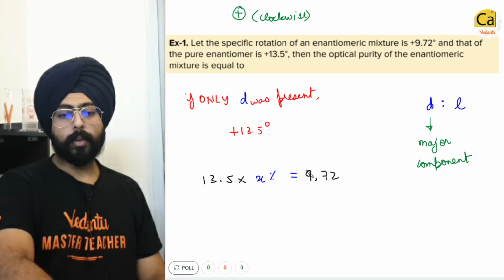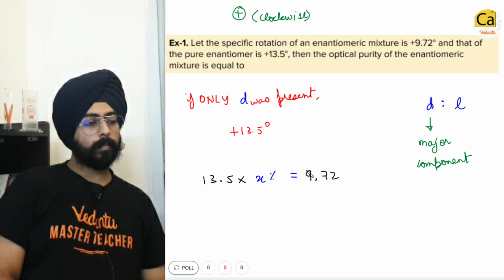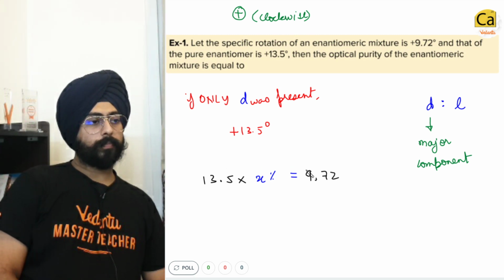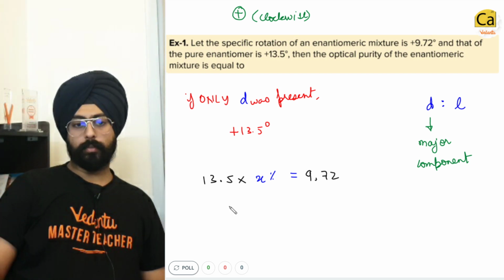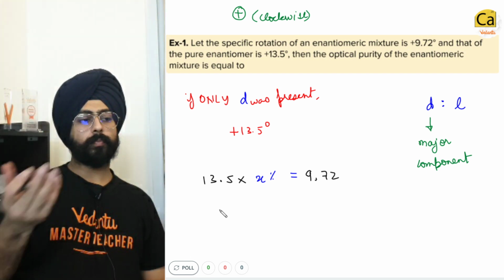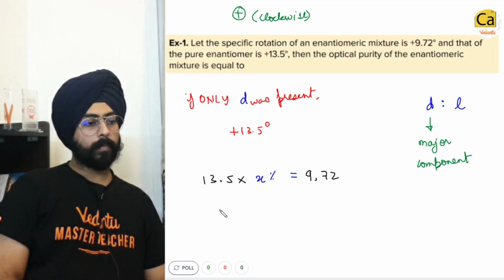Can you tell me the value of the percentage over here? Can you calculate x? 13.5 into x by 100 is equal to 9.72. Do it, it will give you an idea.